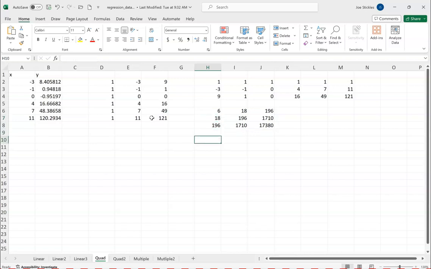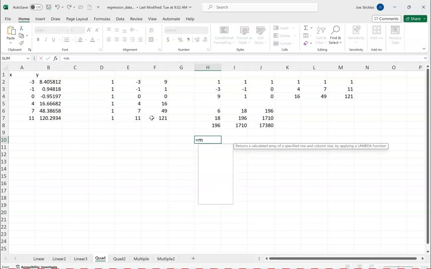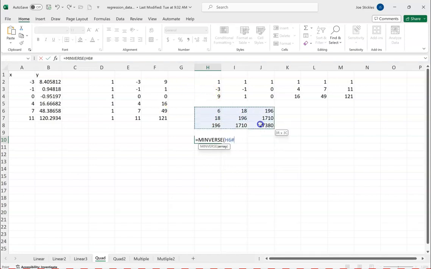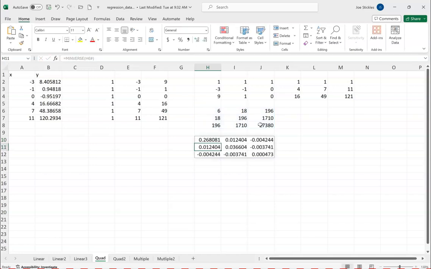What's next? Inverse. So again, remember the command is minverse, right? Matrix inverse. Do the inverse of that matrix. Get those values.